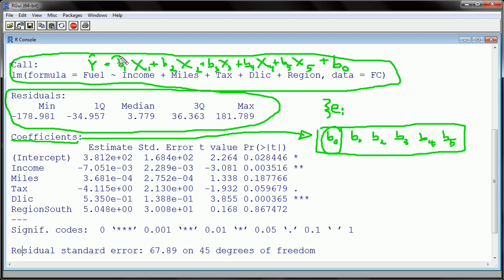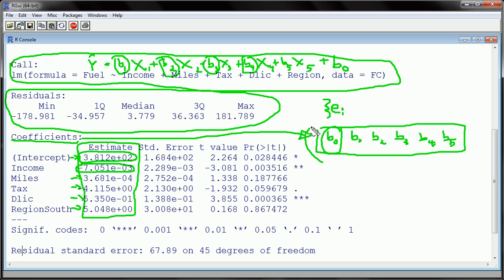Basically, now I actually have the numbers for these, and those numbers are over here, the coefficient estimates. You can see right next to each number, this one's for the intercept, so this is B0. This one's for income, so for us that's B1. This one's for miles, that's B2, then B3, B4, and B5.